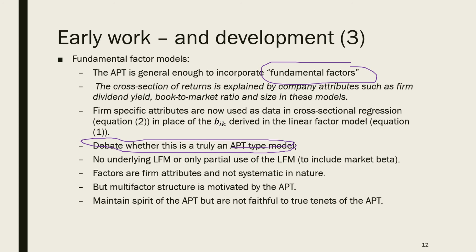So the problem with fundamental factor models is that they do not use systematic influences. Instead, they use firm-specific attributes. So again, we consider multiple firm attributes. That's how it's congruent with the arbitrage pricing theory. But on the other hand, these are not systematic in nature, and hence why there is this debate.